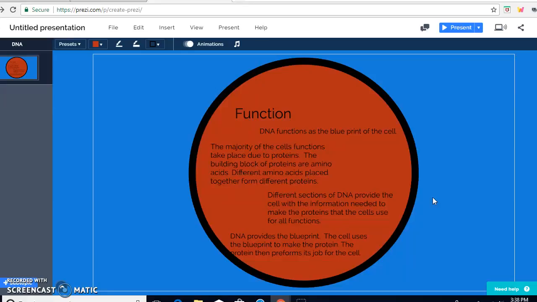Then that protein will do whatever its function is for the cell. Say if it is a marker protein that tells what the cell might be wanting to bring in, say it needs to bring in some nitrogen or something like that, and it produces more marker proteins, it will know that those will be incorporated in the cell membrane and it will bring in that particular substance.